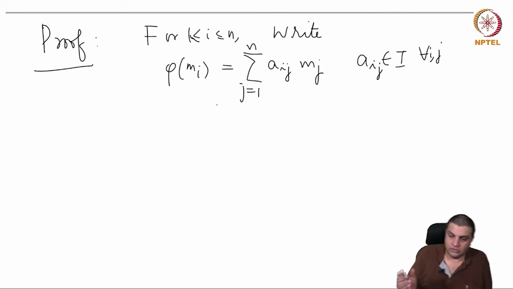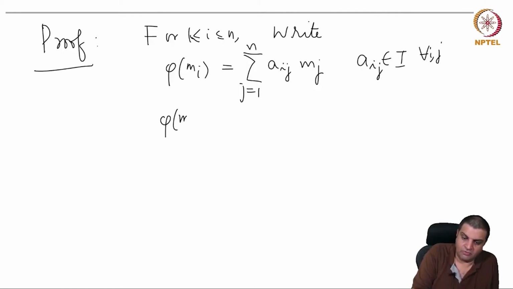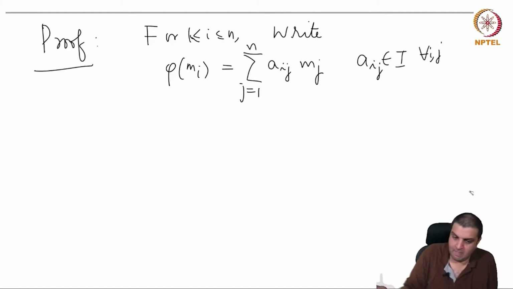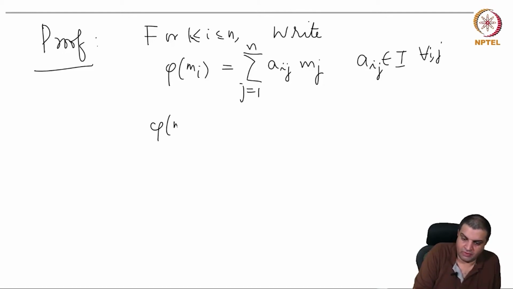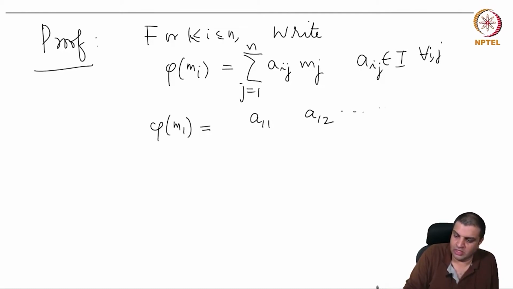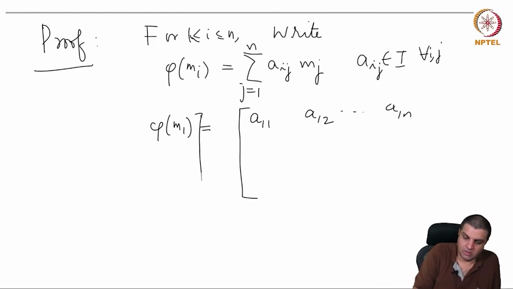So this can be expressed in terms of a matrix. Phi of m1 is just a11 m1 and so on. So we can put a11, a12 and so on, a1n as the top row, and so on.